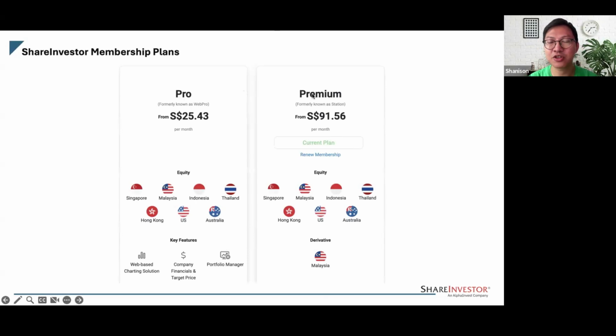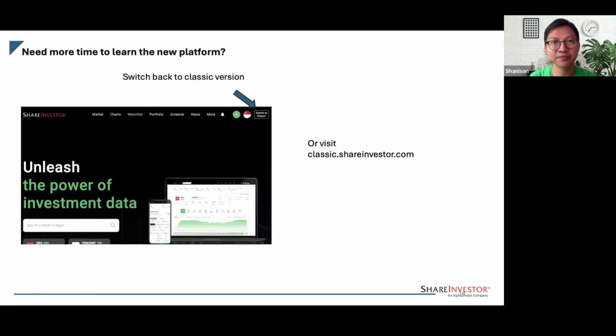Premium is the plan that has the Station. So premium users can use the Pro and, at the same time, download the Station software. Some Station members have not been using the platform, so you can check out shareinvestor.com. It's mobile responsive, so you can use it on any mobile device. Other things remain the same, just the name change for the plans.